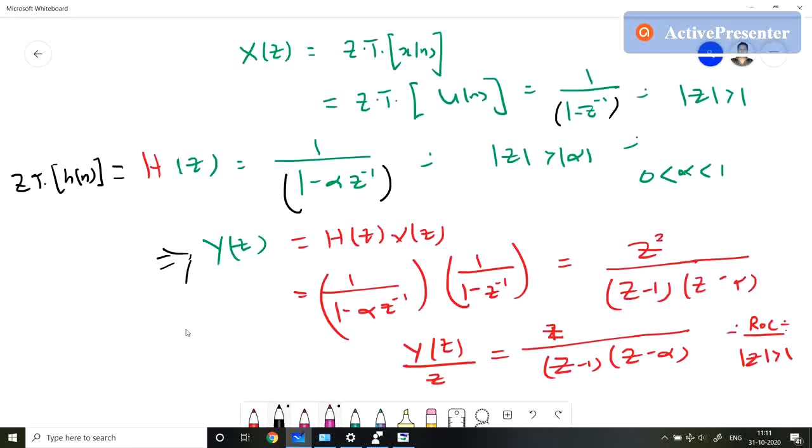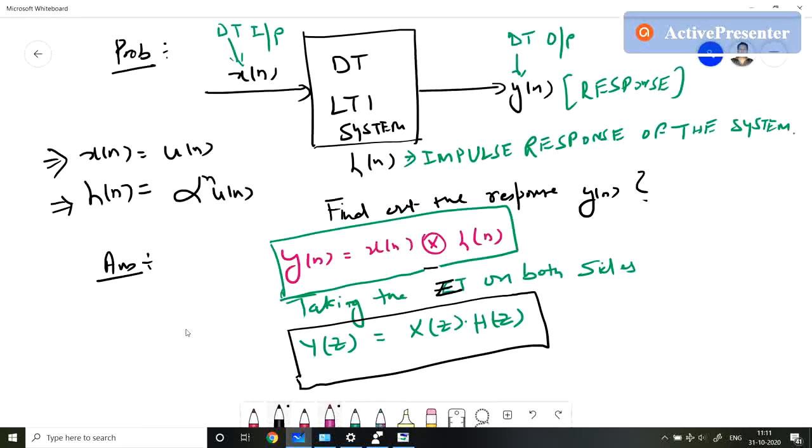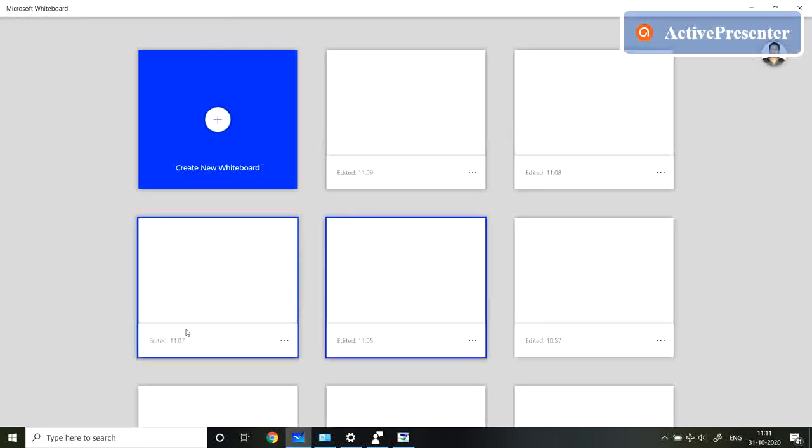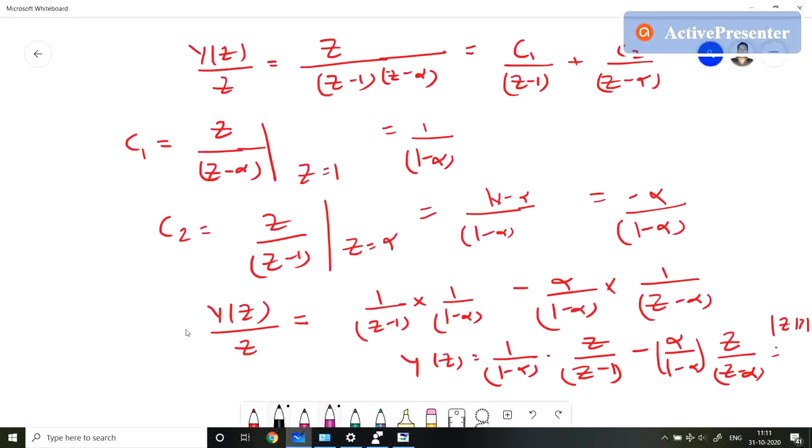So finally, putting the values of c1 and c2, what will we get? Y(z) divided by z is equal to z divided by (z minus 1)(z minus alpha), that is equal to c1 divided by z minus 1 plus c2 divided by z minus alpha.